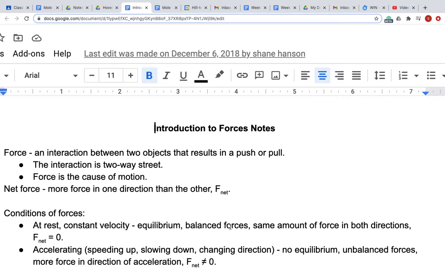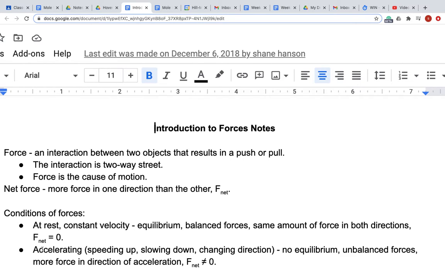By balanced forces, I mean you have the same amount of force in both directions. In this case, you have a net force equal to 0 because you do not have more force in one direction than the other. The F net is the amount of extra force in one direction than the other. So at rest and constant velocity, those two are the same condition for forces.